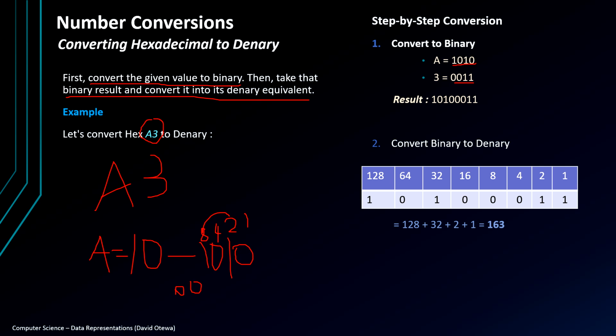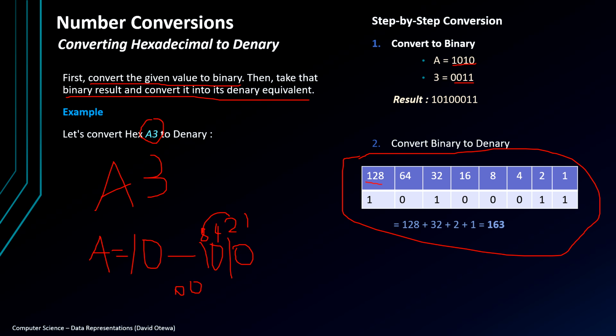Then the next step we're being told is take the binary result and convert it into decimal. Once there's this convert, we need to use our table again. What do we start with? 1, 2, 4 up to 128.